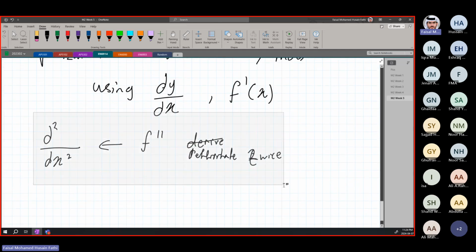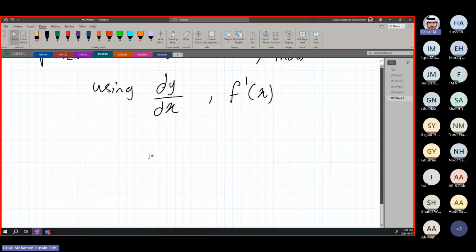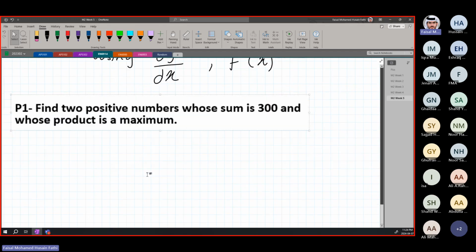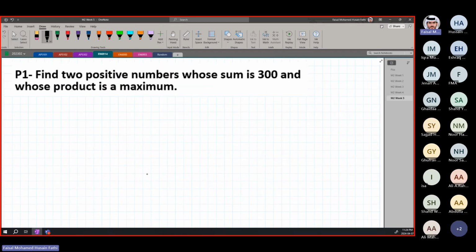So again, back to the point. In optimization, we're just simply trying to find the maximum or a minimum of any situation. The question says: find two positive numbers whose sum is 300 and whose product is a maximum. This is when you know you have to use optimization. It can be maximum or minimum, highest and lowest, or least, most.